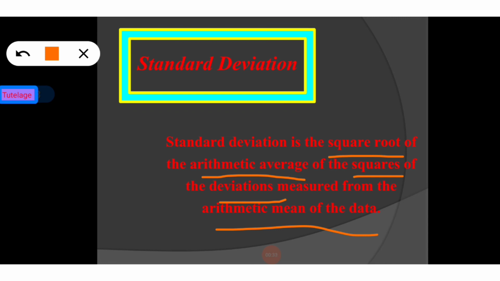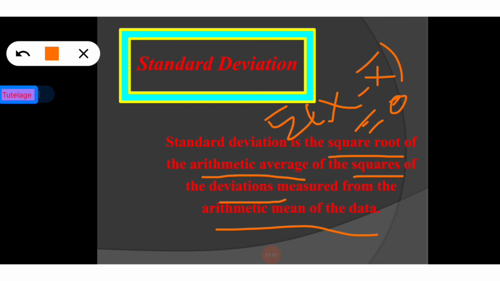As noted earlier, it is a measure of average of deviation from the average. So the average chosen in this case is the arithmetic mean. Okay, but since the sum of the deviations from the arithmetic mean is always zero, summation of x minus x bar is equal to 0. So this is one of the most important characteristics of the arithmetic mean.